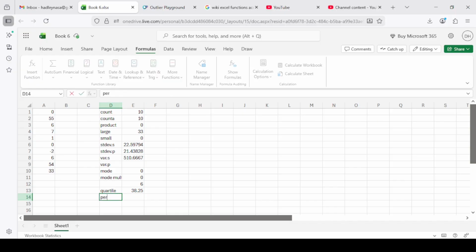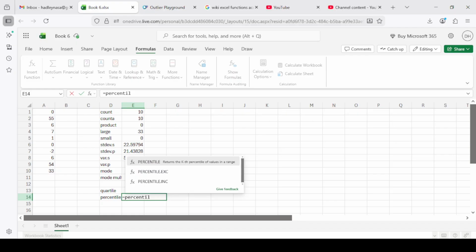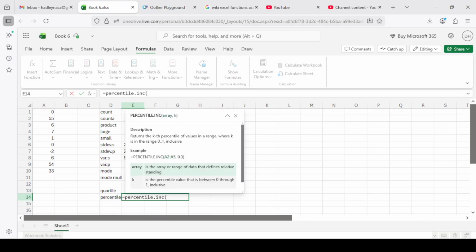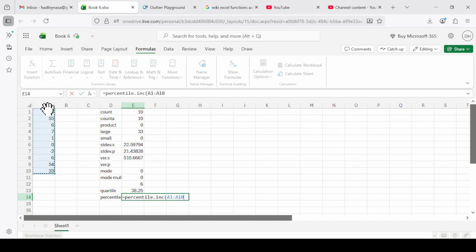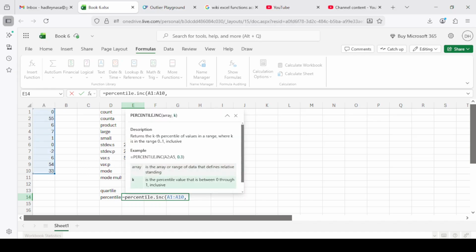But the next one is percentile, which is very similar. I still have the array first, but instead of choosing the quartile or whatever, I'm giving it a specific percentage.